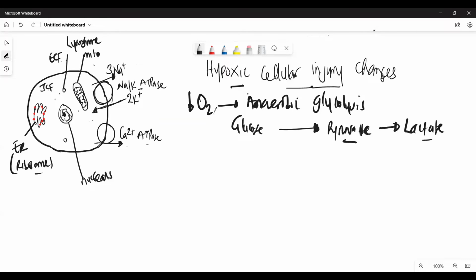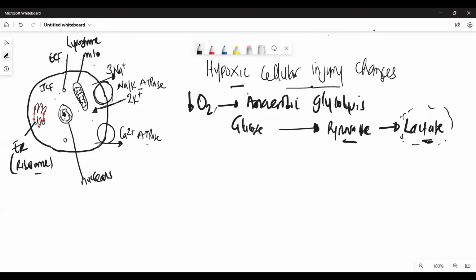So if somebody has hypoxia, one of the things that will be elevated in the blood is the lactic acid. And this can decrease the pH inside the cell. This is going to be very important when we're talking about necrosis, particularly coagulative necrosis.